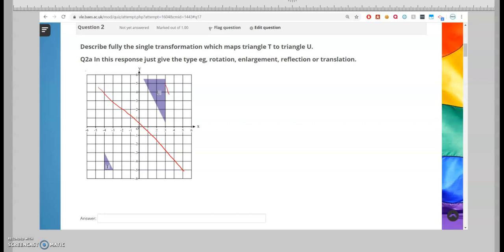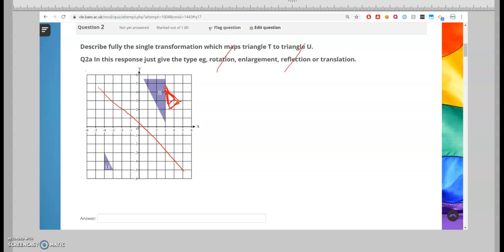You'd have a mirroring line, more or less, something like this. So we'd have a smaller triangle reflected on the other side, and that's not the case. Besides, the triangle is larger, so U is larger. So this is not a reflection. So no rotation, no reflection.